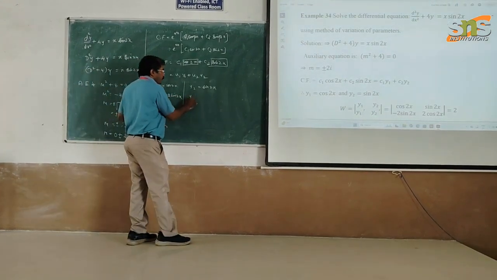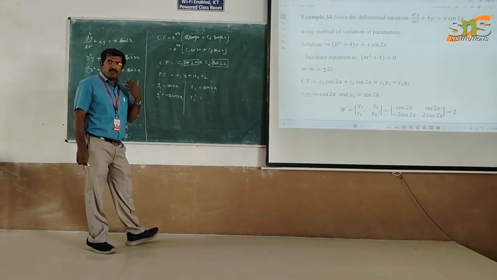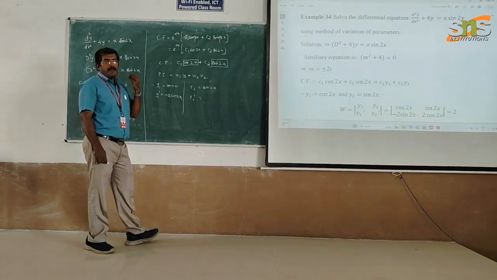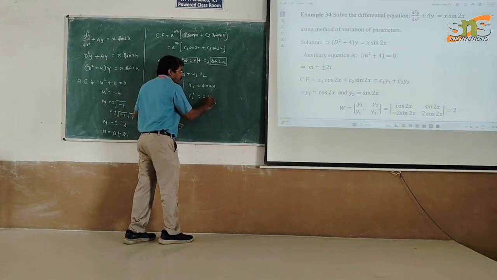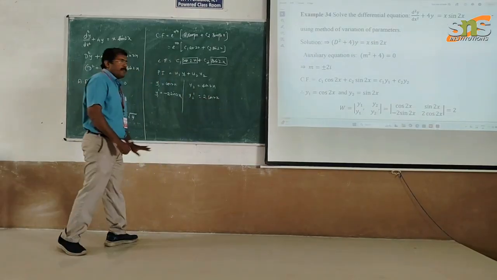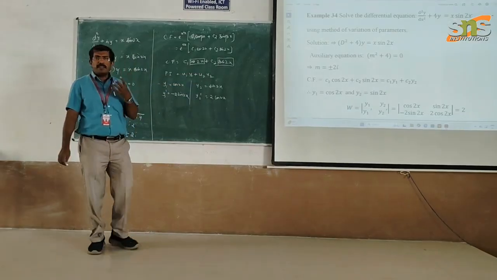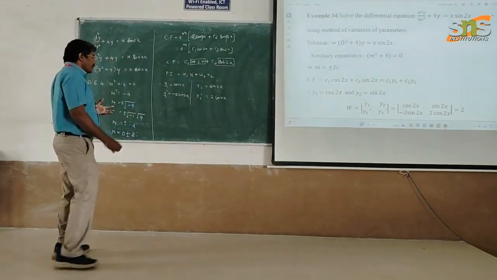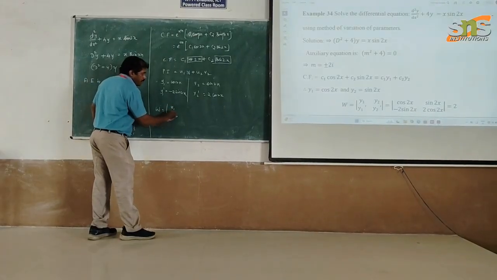Similarly, you will find y2 dash. The differentiation of sin ax is a cos ax, so 2 cos 2x. Now you can proceed with the Wronskian formula, because in order to find u1, u2, we need to find W, the Wronskian. W is the determinant of y1, y2, y1 dash, y2 dash.